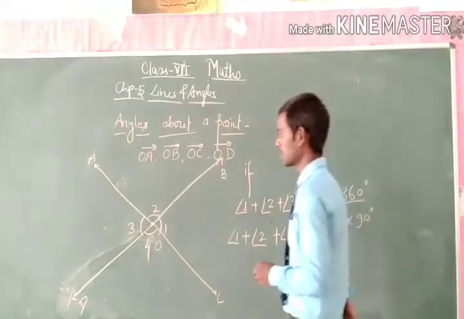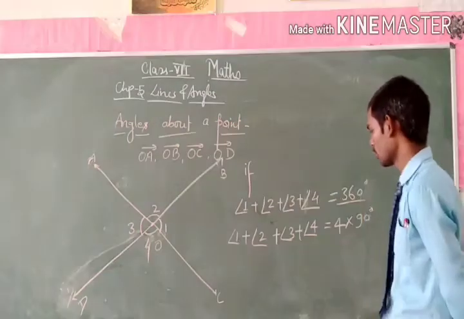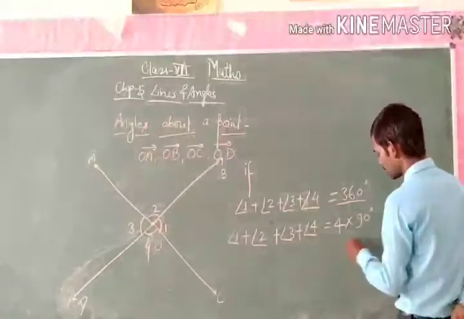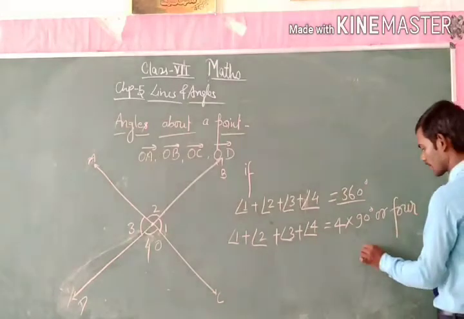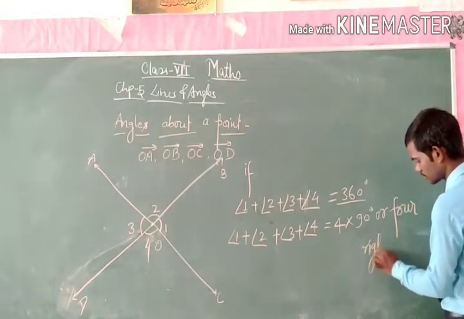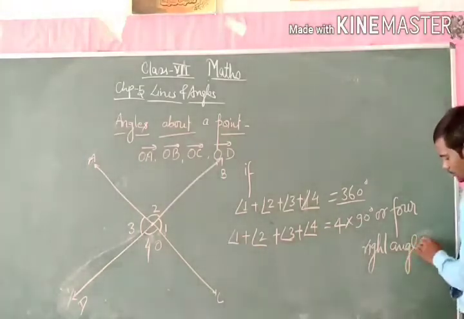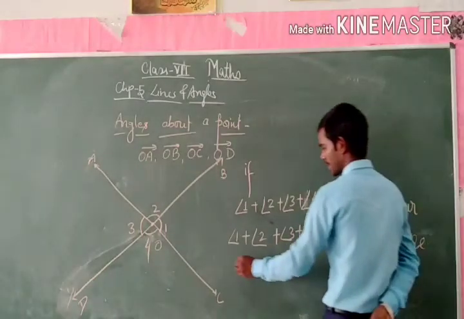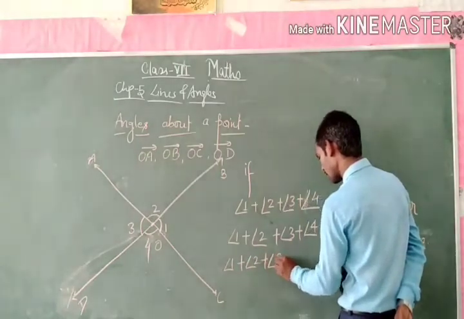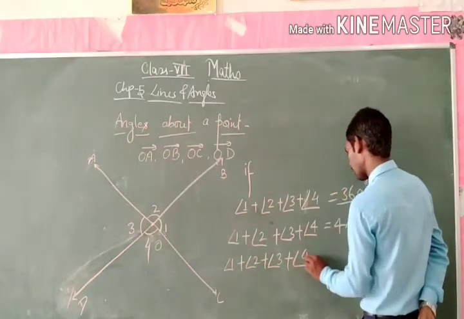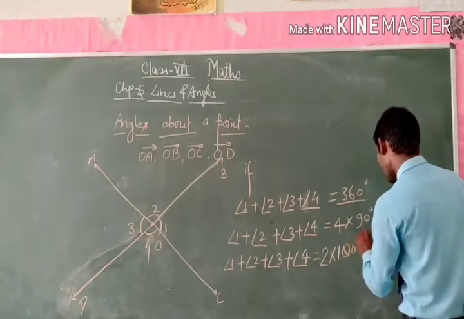Because here we can see that each angle is of 90 degrees, or we can also write it as 4 right angles, or we can also write angle 1 plus angle 2 plus angle 3 plus angle 4 is equal to 2 times 180 degrees.